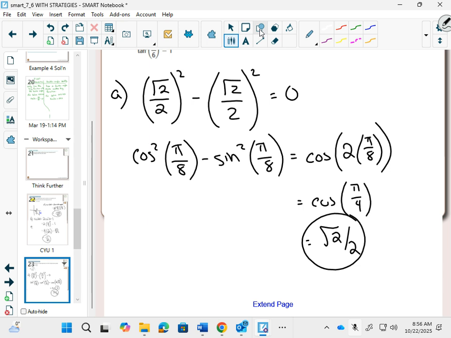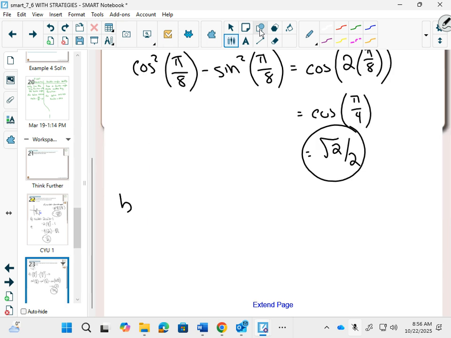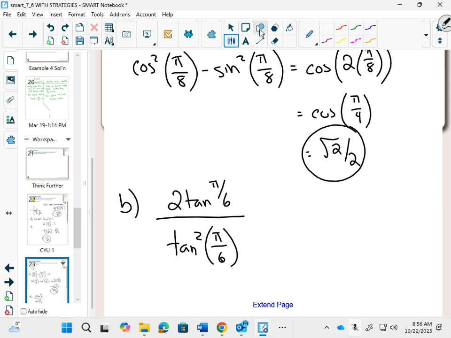Although part B, so I'll rewrite part B. Here we have 2 tan pi over 6 over tan squared pi over 6 minus 1.